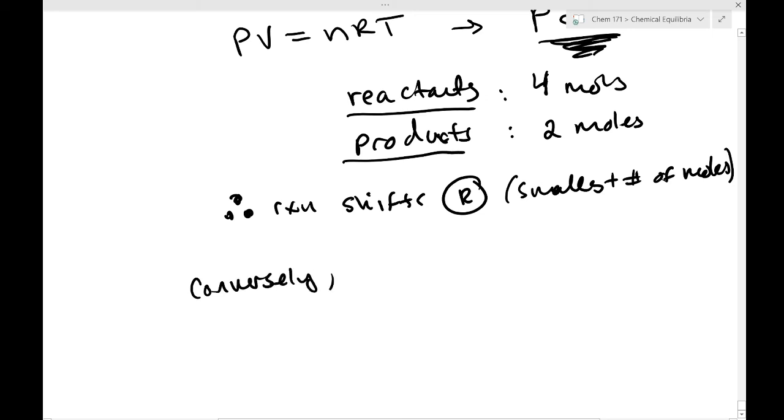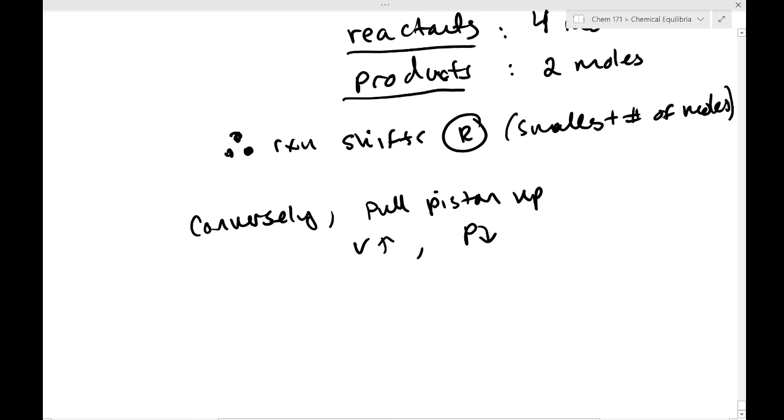Okay? Now, opposite. What happens when you do the opposite? Conversely, if you pull the piston up, you will increase the volume and thus decrease the pressure. When you're decreasing the pressure, the reaction wants to respond to that by shifting towards the highest number of moles.